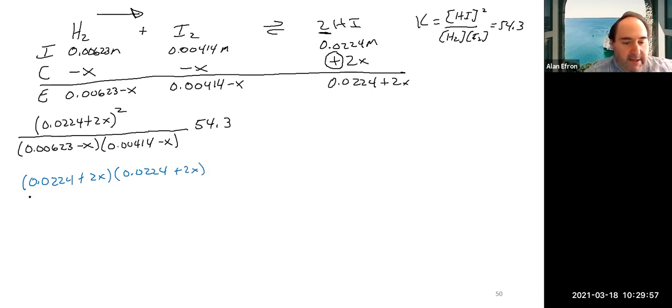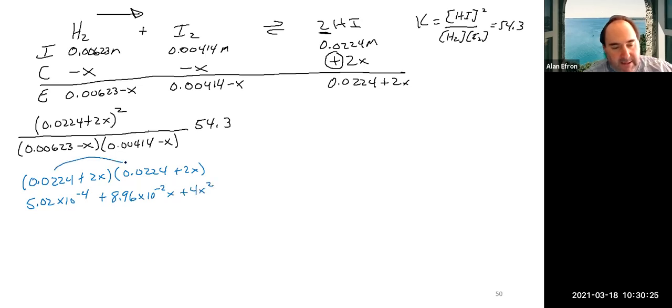If we put all that together and factor it out correctly, combining everything up on top, you end up with something like 5.02 times 10 to the minus 4 plus 8.96 times 10 to the minus 2 x plus 4x squared. And again, that is this times that, and then back this way and this way.